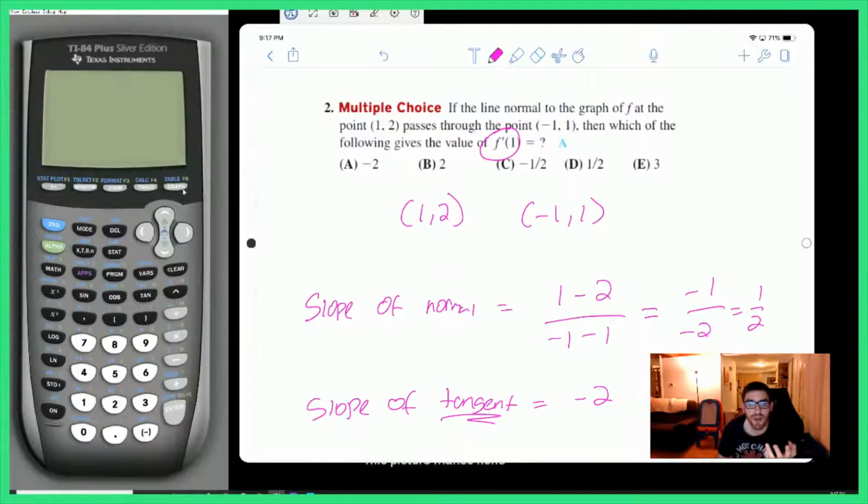Well, I know that the slope of the tangent and the slope of f are equal at the point of tangency. So I know the answer is negative 2, which is A. I don't even have to build the equation of the tangent. I'm just literally finding the slope. So that's what I would do for that one.